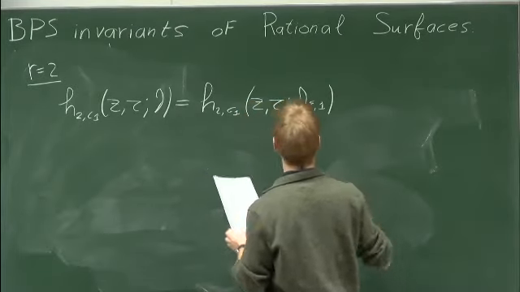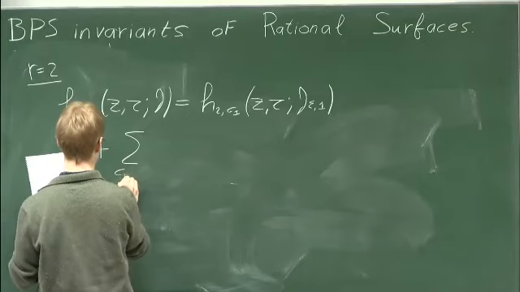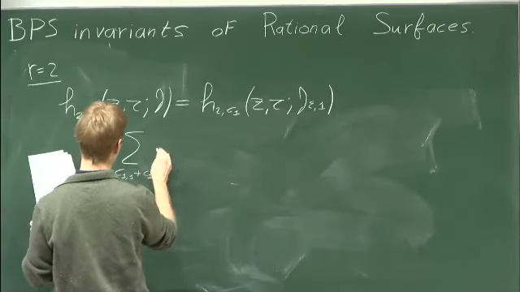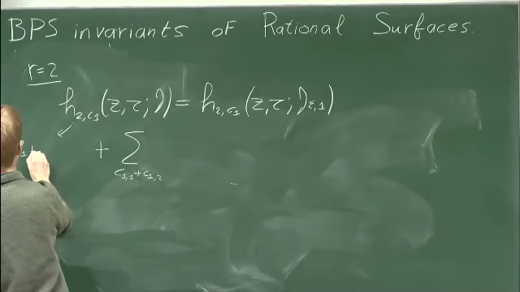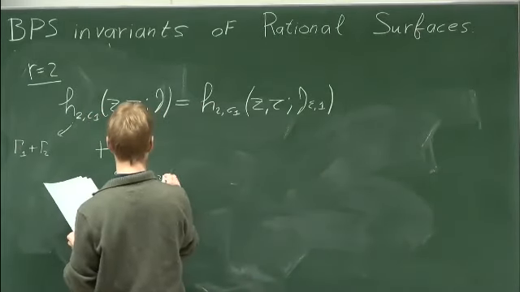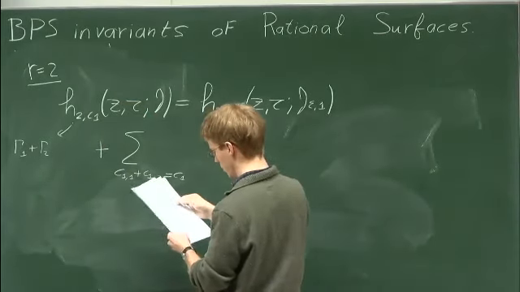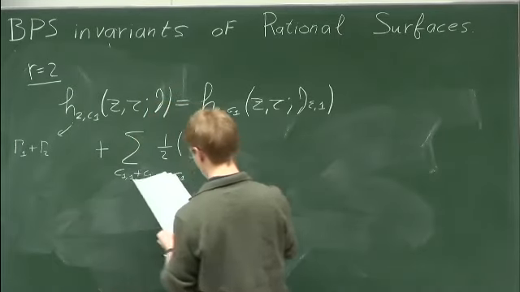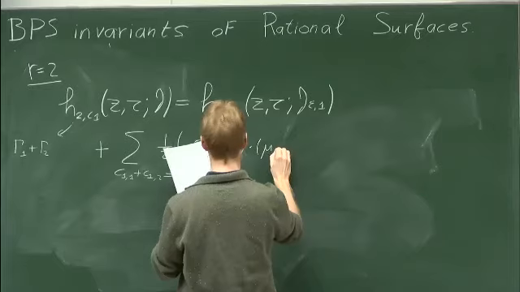And then the term due to wall crossing is a sum essentially over Chern classes of the components. So rank 2 can split into 2 components with rank 1. So both gamma 1 and gamma 2 have rank 1. Then the sum of the Chern classes needs to be equal to the total Chern class of the rank 2 bundle. Then whether you have crossed the wall or not is determined by the following factor.